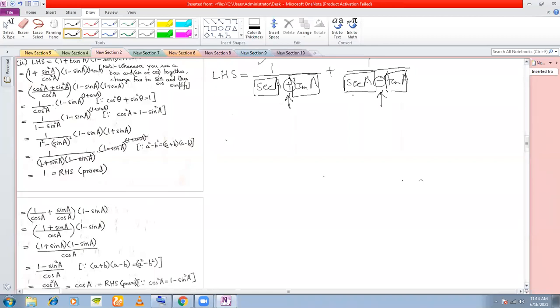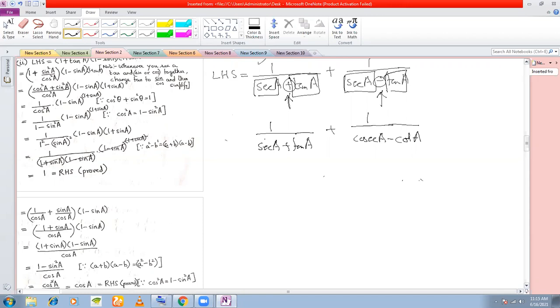But if something else was given here, suppose instead of this I had 1 by (sec A plus tan A) plus 1 by (cosec A minus cot A). Then what? Then if you take the LCM now, it will complicate matters, right?